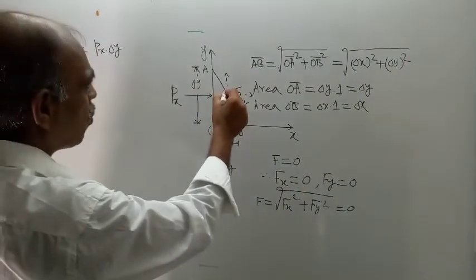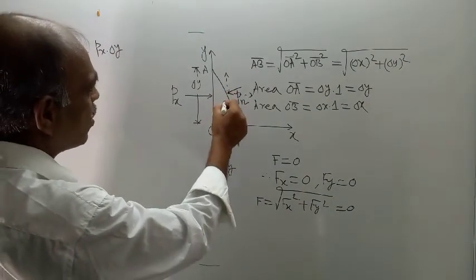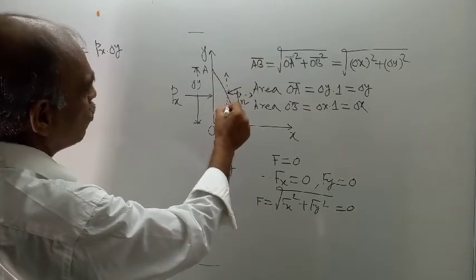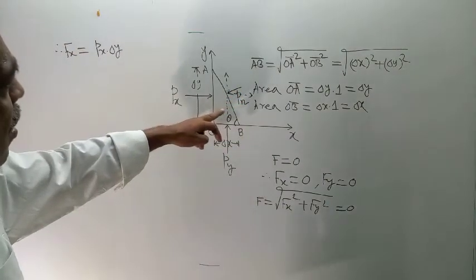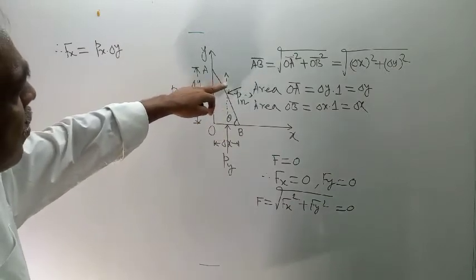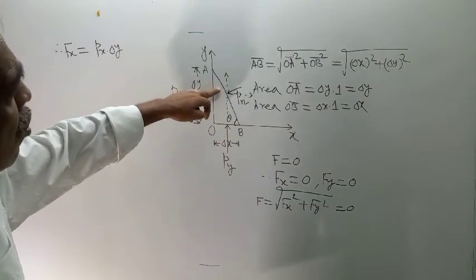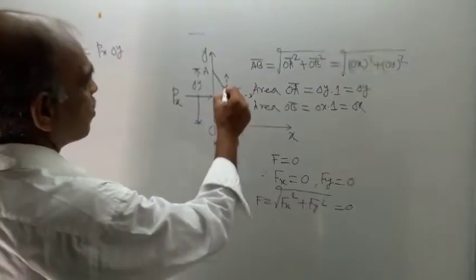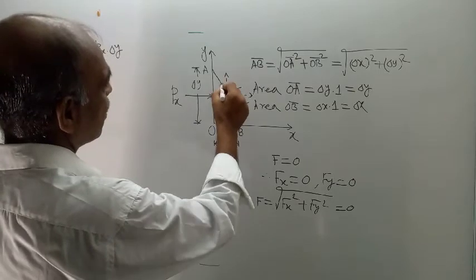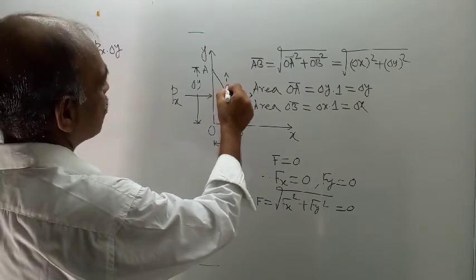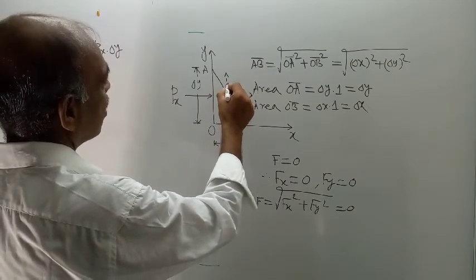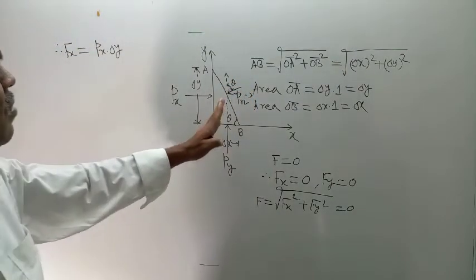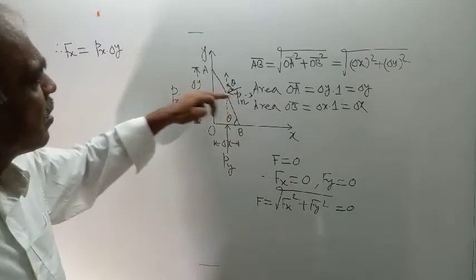If you do this, you will get here 90 degree minus theta. This angle is 90 degree minus theta, and this angle is theta.